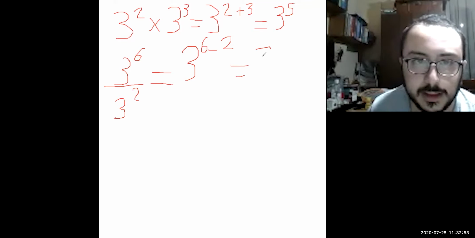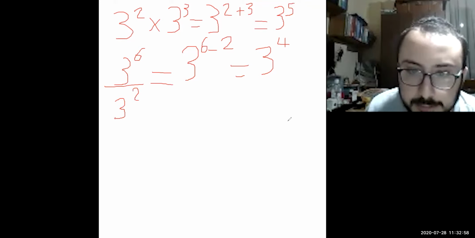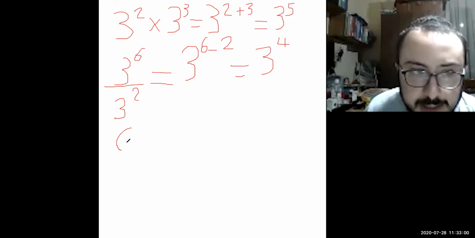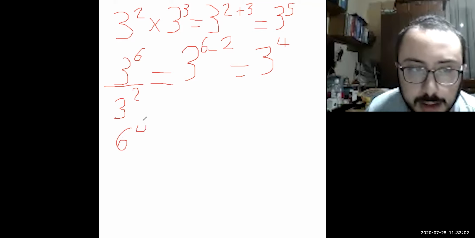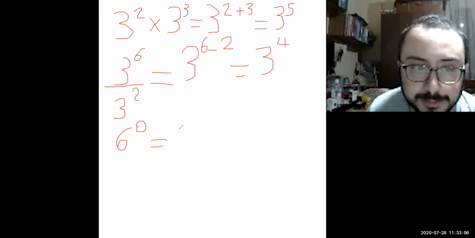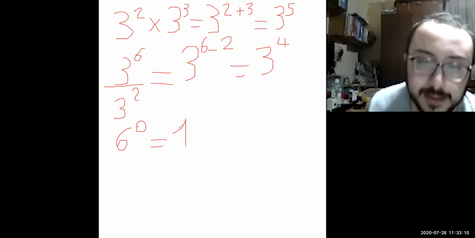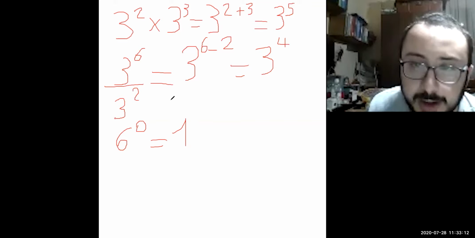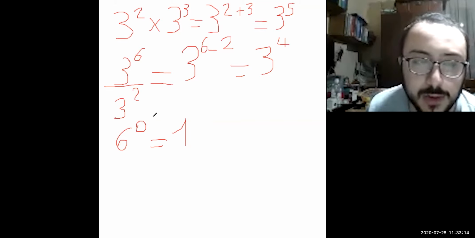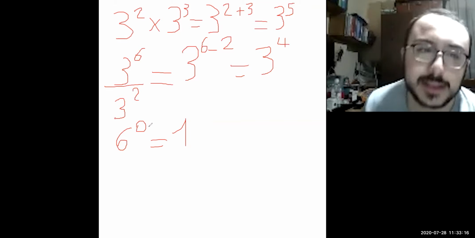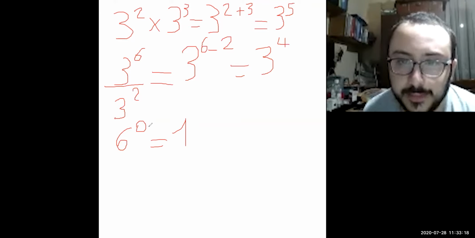And it's 3 power 4. What about 6 power 0? It's not 6, it's 1. Any number power 0 is 1. 6 power 1 is 6. 6 power 0 is 1.